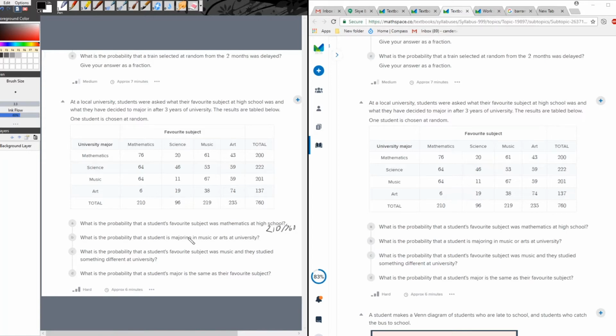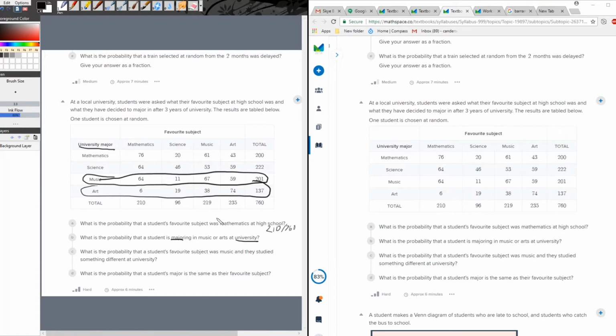So what is the probability that a student is majoring in music or arts at university? So we've got two keywords here which match this here. So we want music or arts. So we've got music and we have arts.